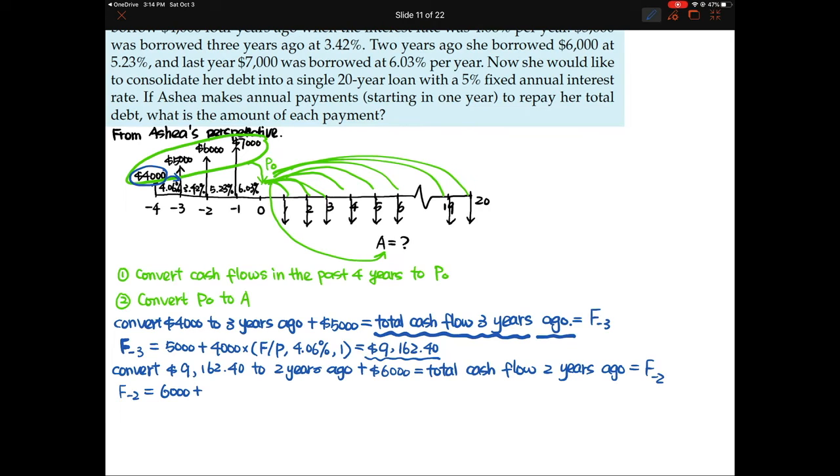So you want to use the equation of the P, which is 9,162.4 times the factor to find F given P, and interest rate, now it's 3.42.